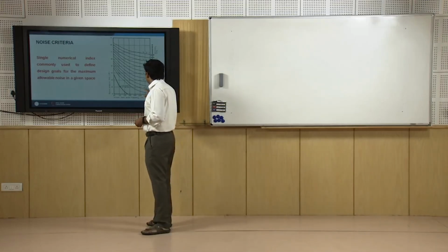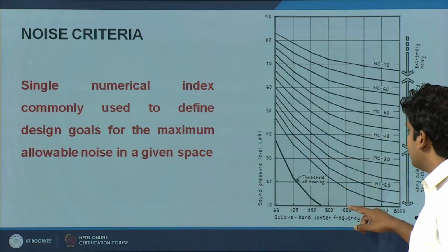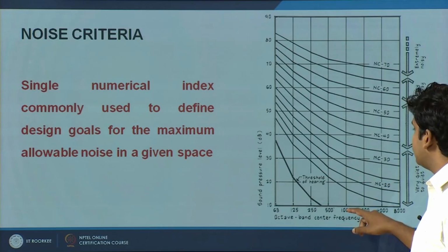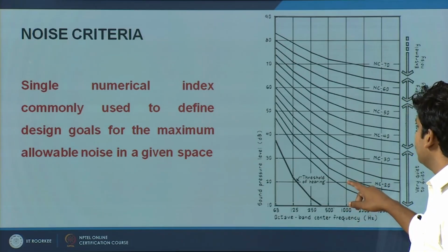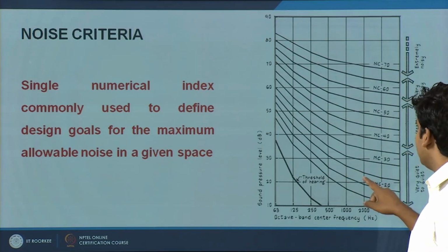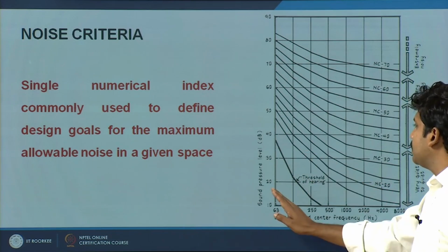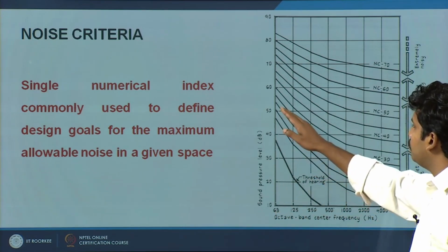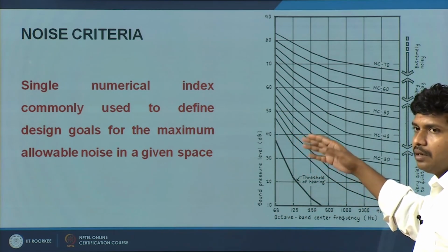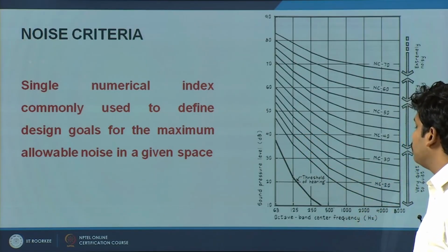So if you take for example a noise criteria of NC 20, then in the center frequency, that is 1000 Hz, you will find close to 20 decibels, or slightly more or less, in this band. As it goes up, it reduces, and as it comes down to the lower frequency, this value goes up. This is more or less similar to the audibility capacity that the human ear has.